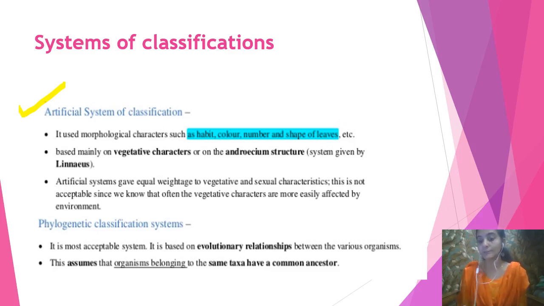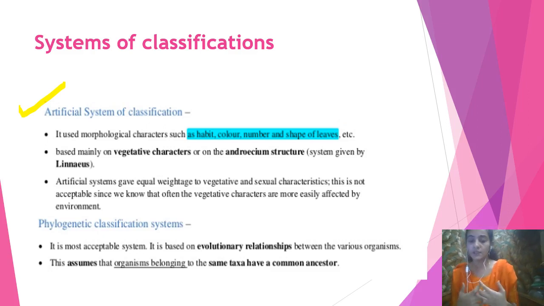If I give you a twig, you can easily say the morphological characteristics: the shape of the leaf, the color of the flower, how the leaf is arranged, whether it is a tall or dwarf plant, and the habitat in which it lives. All the characteristics you can see by looking at a plant we call morphology. So in the initial system, scientists followed the artificial system, which involves only morphological characteristics.